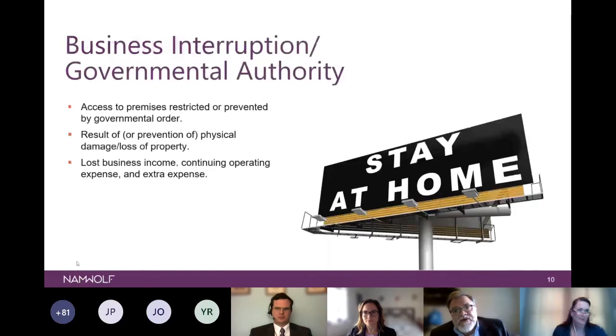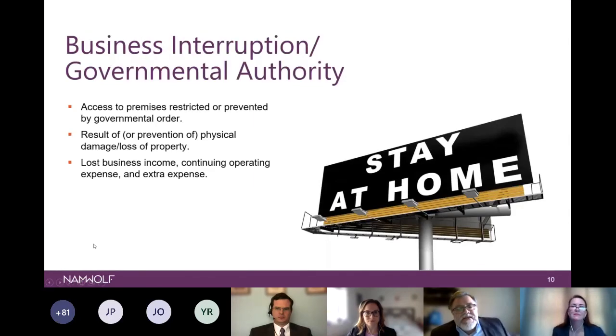And that's certainly, given the closure orders and the stay-at-home orders that have been issued by various governmental entities, if that coverage, an extension of the business interruption coverage, is available in a particular first-party property policy, that's likely to be a significant area of claims activity.